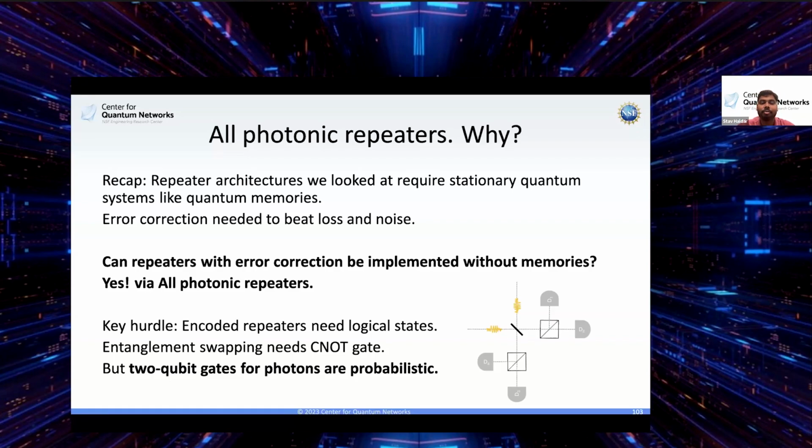And we know that inherently for photons, for most encodings, 2-qubit gates are probabilistic, not deterministic, at roughly that 50% success probability. So if you just kept using photons to do all of the encoding operations and then your entanglement swapping and everything, then at every stage, every time you put in a beam splitter, half of your photons are lost. So the rate just falls down very quickly.